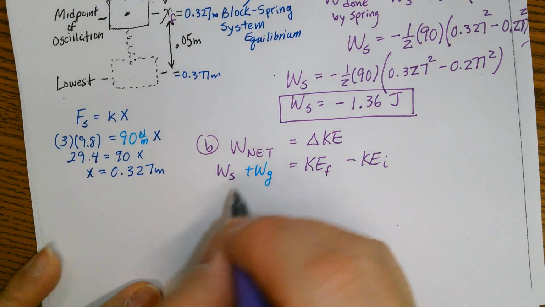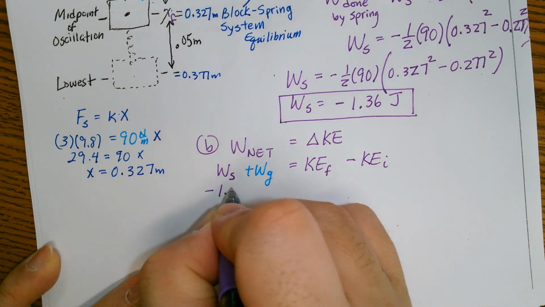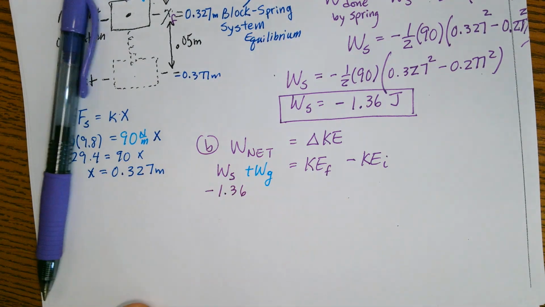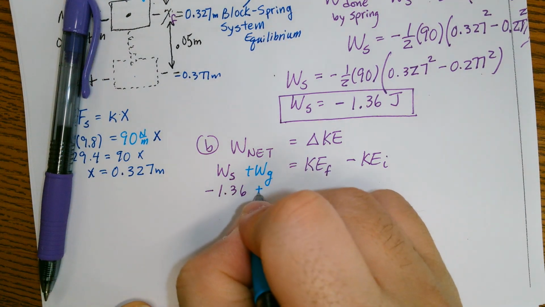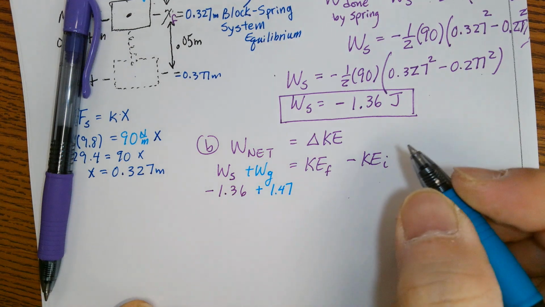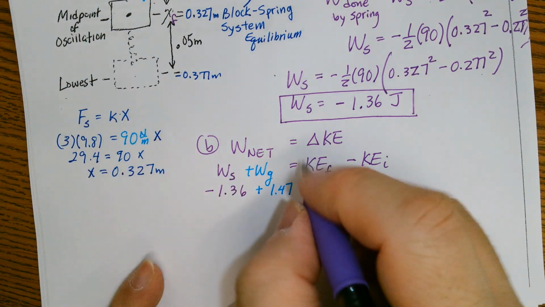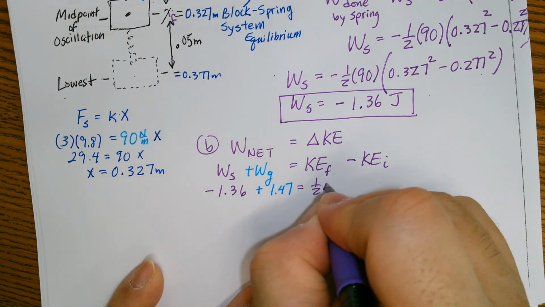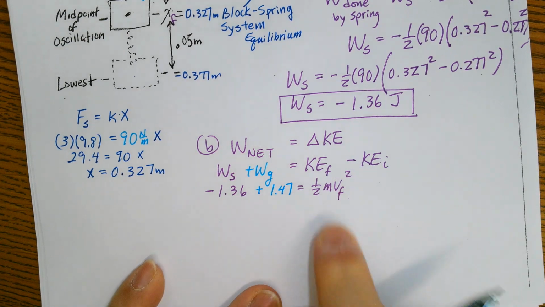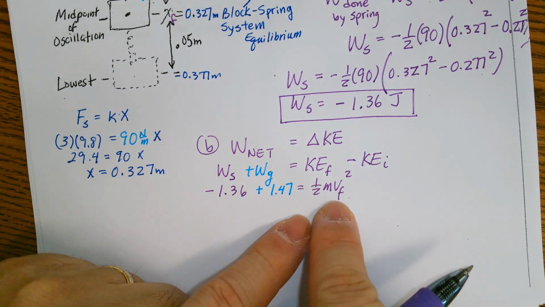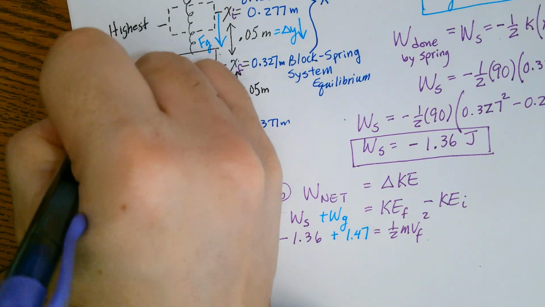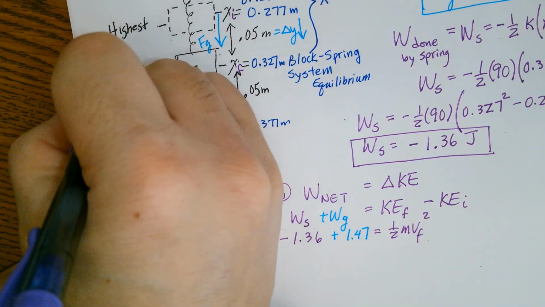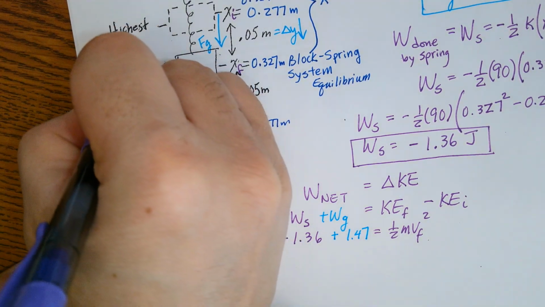So work done by spring, we said it was negative 1.36. Work done by gravity was positive 1.47. Right? That is equal to 1/2 mv final squared. That's what we're looking for. We're looking for the final velocity when it reaches the equilibrium position of the block spring system.